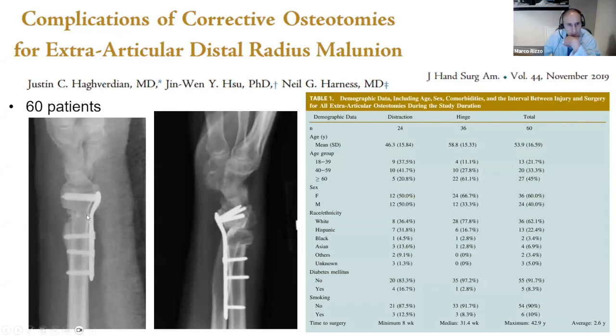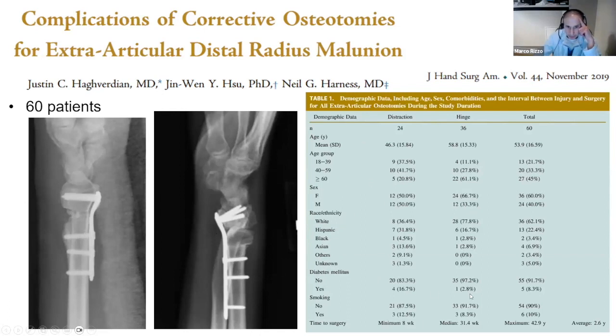The hinge type is on the left, where you just effectively hinge off of the opposite cortex without distraction, and then there's the distraction type on the right. You can see most of them were hinge corrective osteotomies, and you can see the demographics of the patients.